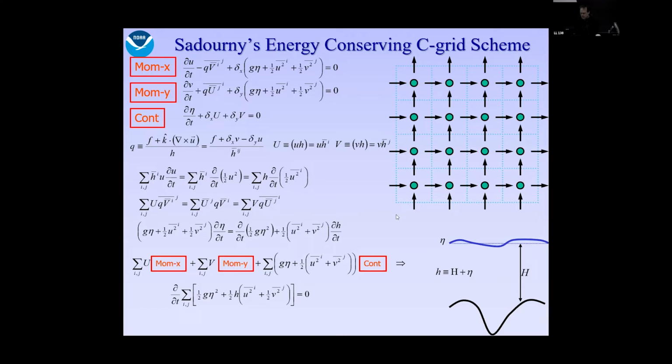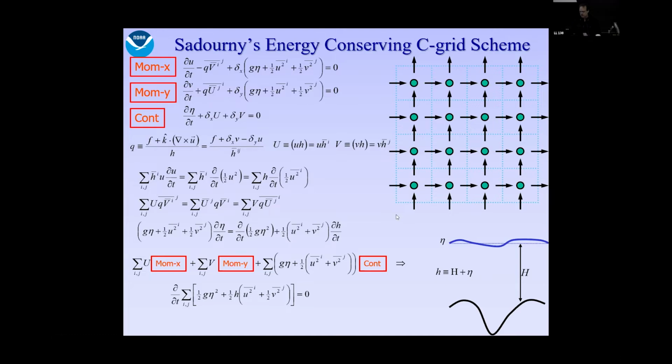One of the big points of contention, or where there are options, is the discretization of that Coriolis term. And here I've written it as the potential vorticity times the total transports in the U and the V directions. Depending on how you discretize this form, you can retain certain nonlinear conservation properties.